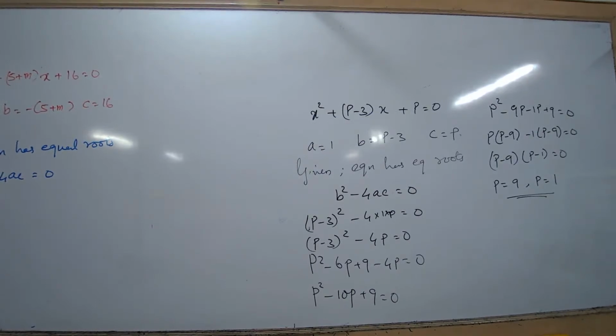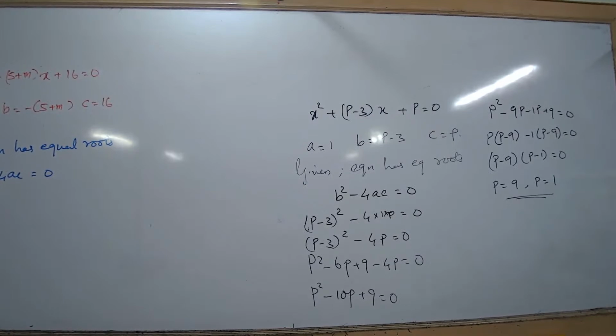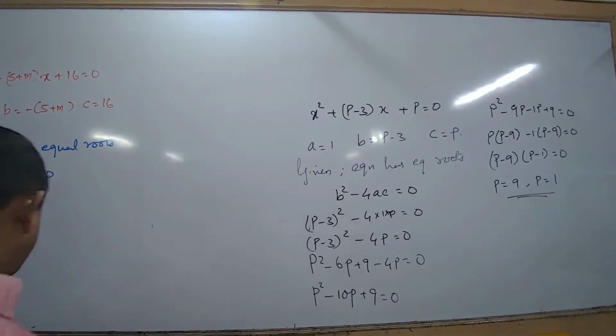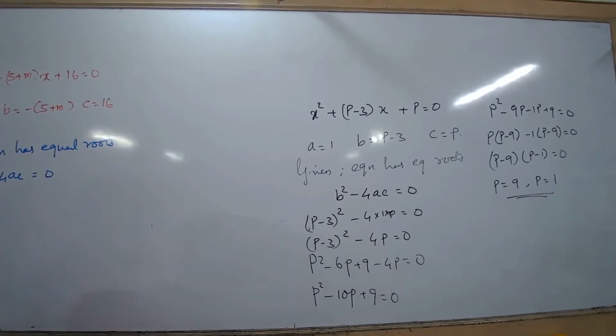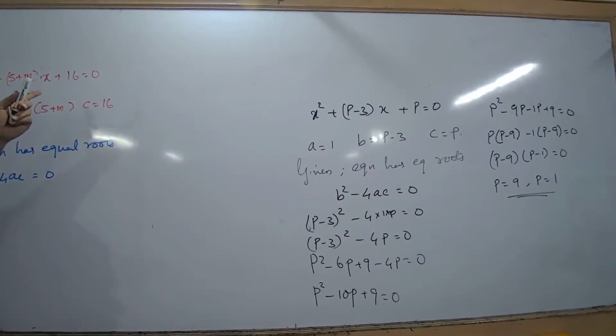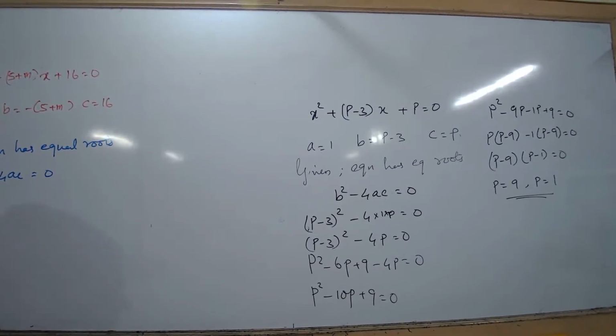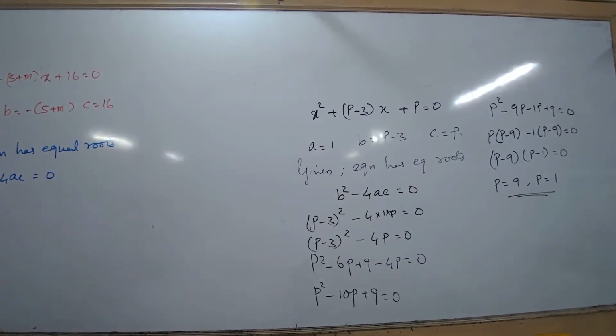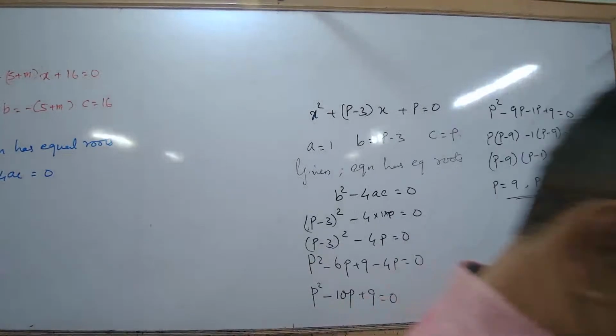Sir, I completed without splitting the middle term. How many of you got this answer? Only 2, 3. Others are getting it. Quickly do it because a lot of people are struggling.